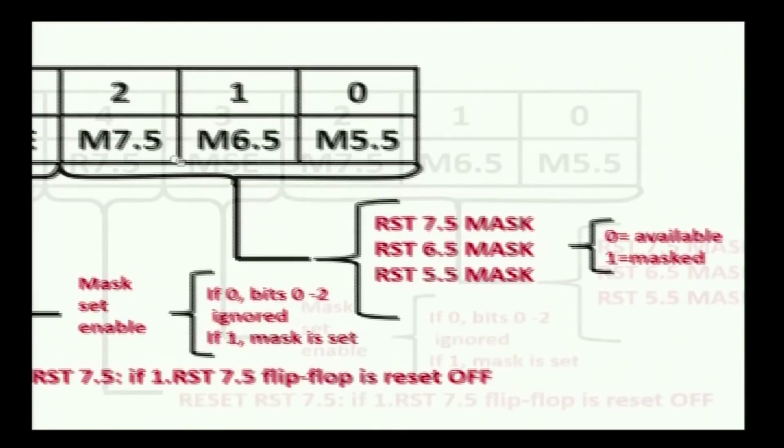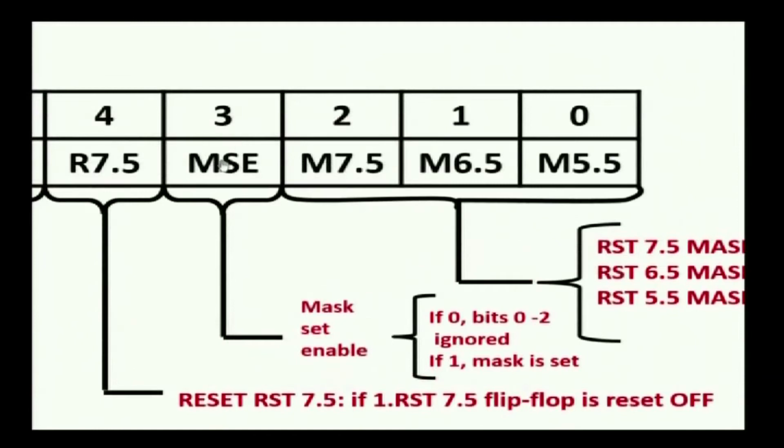Among these, the fourth bit, D3, is MSE, the mask set enable, which is the control bit for the maskable interrupts, that is, for these 3 interrupts. Control bit means that once this bit is enabled, only then can we enable or disable any one of the 3 interrupts. So, this bit should be 1.